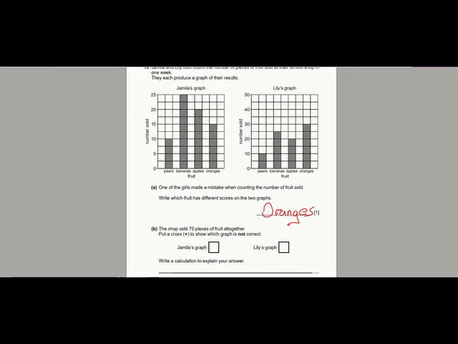Now, exercise B. The shop sold 70 pieces of fruit altogether. Put a cross to show which graph is not correct. So what we have to do now is, it says sold 70 pieces of fruit altogether. We are going to go for Jamila's graph.